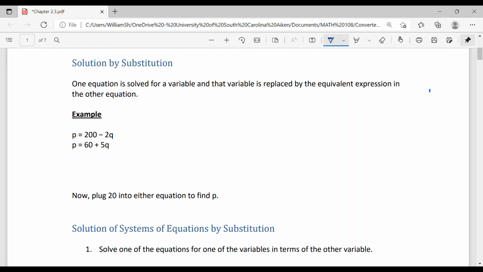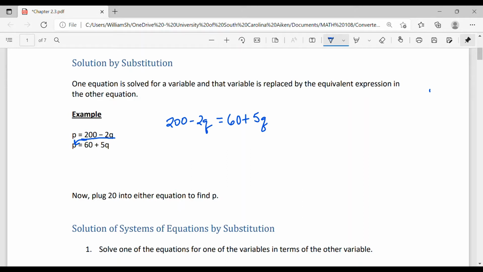So what we're going to do is take this first equation, where p equals 200 minus 2q, and substitute this part in for this p right here. So we get 200 minus 2q equals 60 plus 5q. Now we can solve for q.